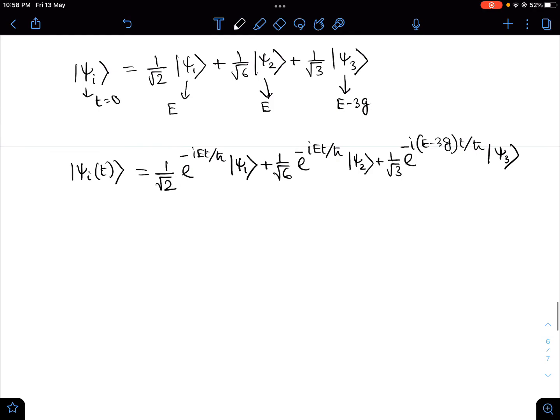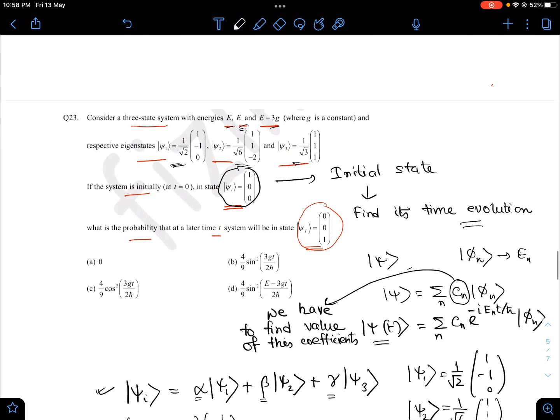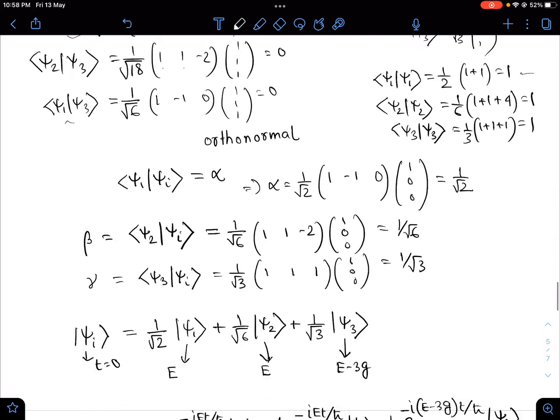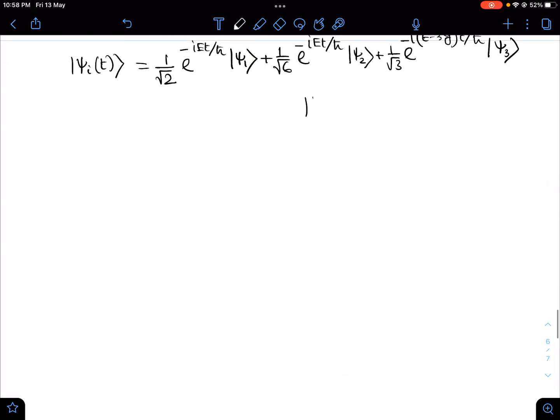So this is our state at a later time. So we have to find the probability that after time t the system will be in this state. So psi f is 0 0 1. So we have to find the probability of collapsing into this state.